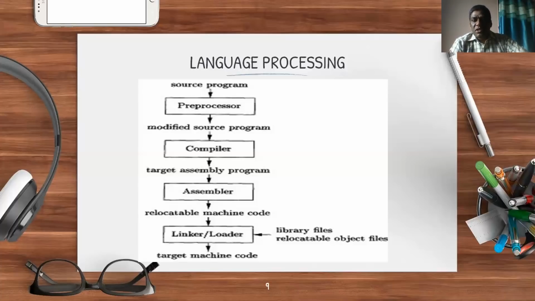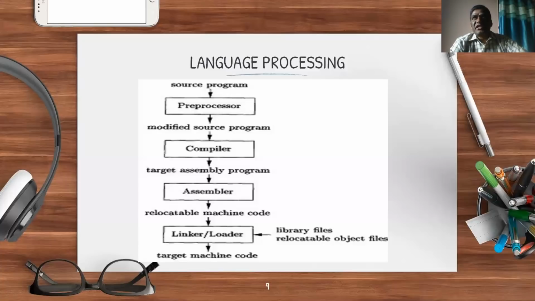So the main job of a linker is to link every function call to the corresponding function definition present in the header files. I repeat: the job of the linker is to link every function call in your C program or any program to the corresponding function definitions where they are actually present, in predefined libraries.